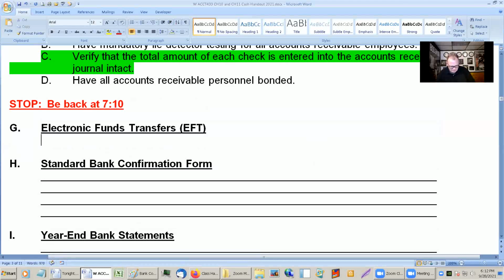So funds are electronically transferred. A lot of mortgages will only take electronically transferred funds. You can't write them a check. They'll only take the electronic ones.